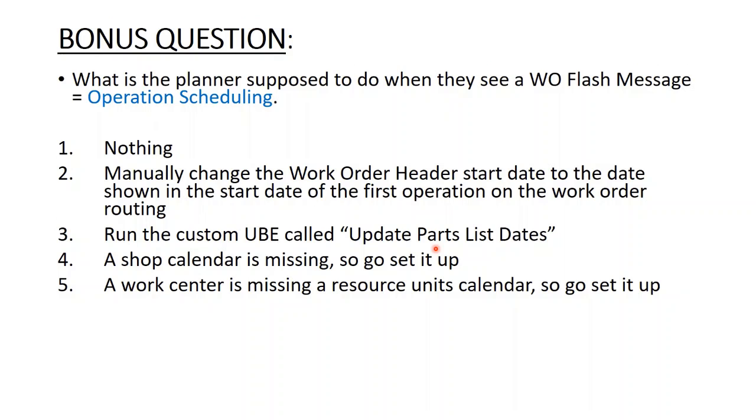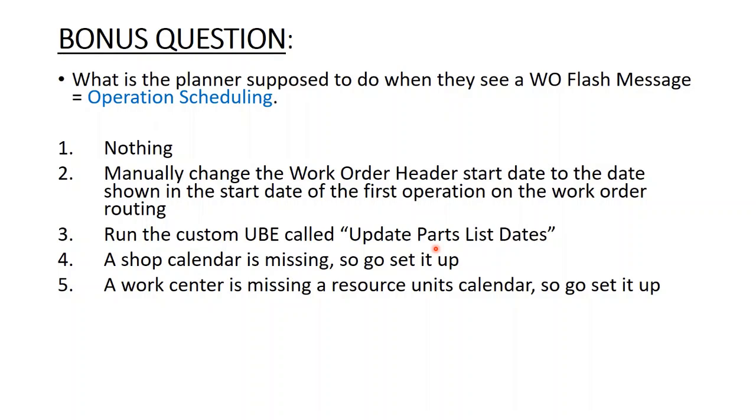Hopefully you did well, but here's a bonus question worth 3 points. Let's see if you can get the 3 points. What is the planner supposed to do when they see a work order flash message equal to operation scheduling? Are they supposed to do nothing?